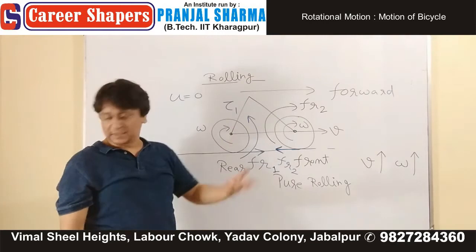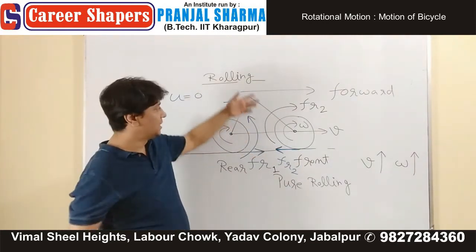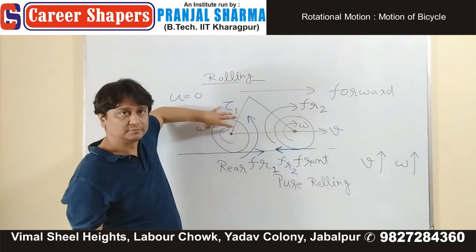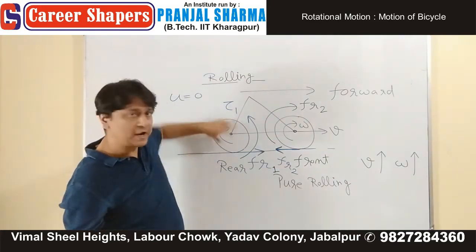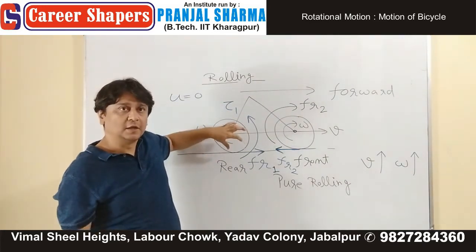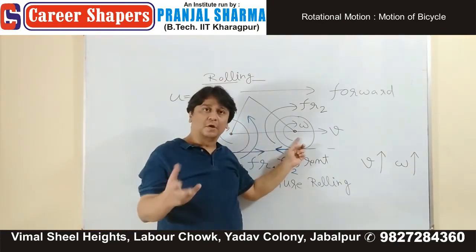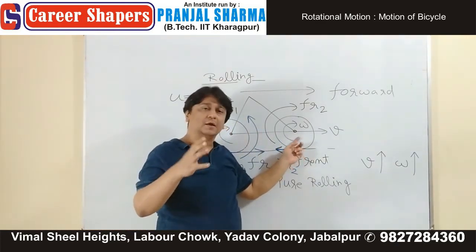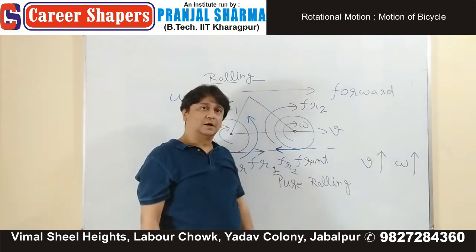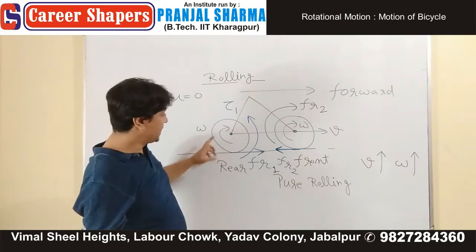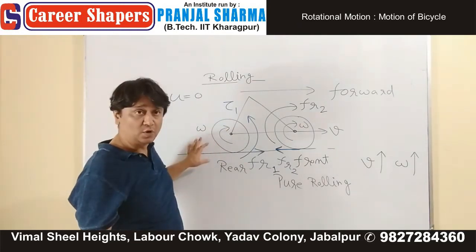Again, कितना easy है इस चीज को विजुलाइज करना. आपने क्या किया, आपने इस rear wheel को lift किया and you rotated the whole thing. Does this wheel rotate? No. Why? Because your efforts are producing angular velocity in the rear wheel only.